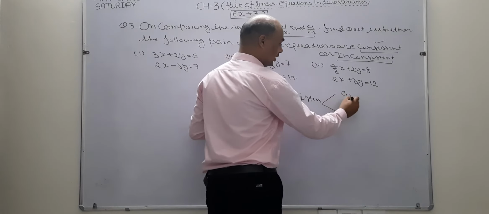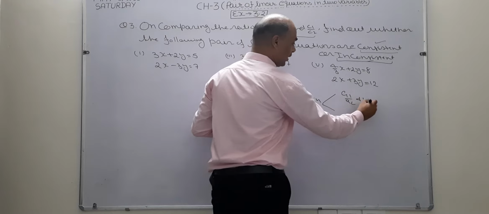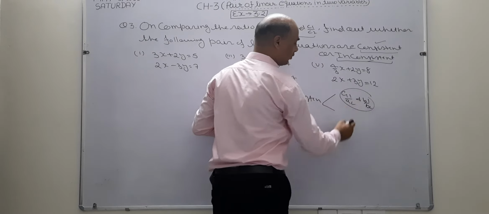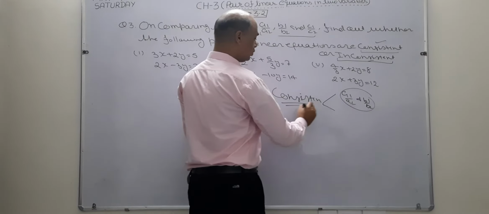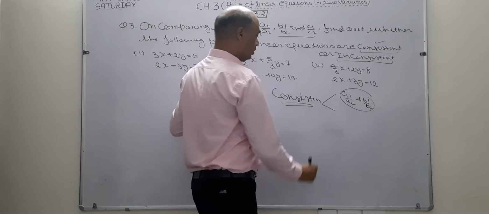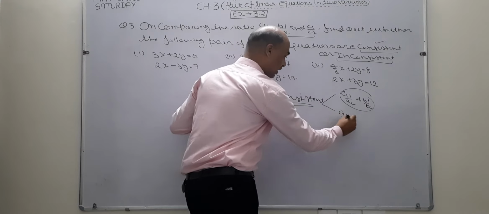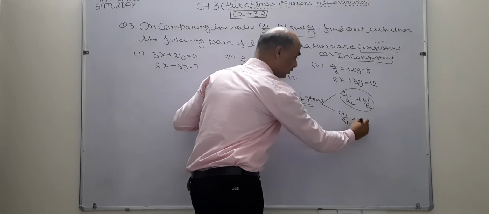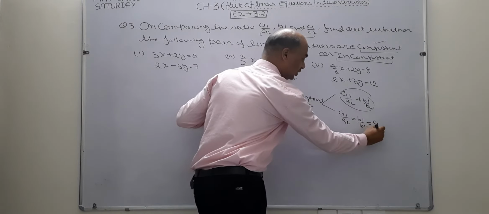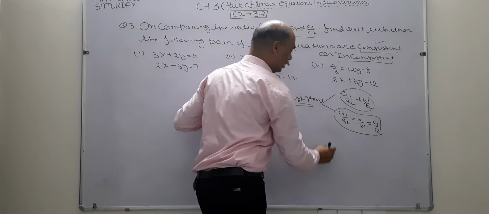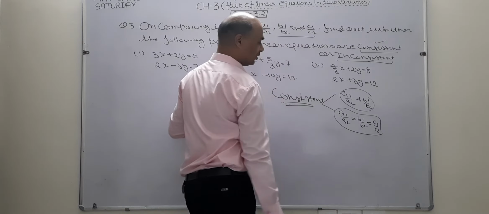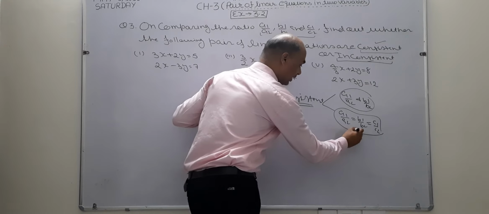One condition, A1 by A2 is not equal to B1 by B2. When such type of ratio are there, then the system is known as consistent. Now, second case, when A1 by A2 is equal to B1 by B2 equal to C1 by C2. When all the ratios are equal, then it is also known as consistent, but dependent.